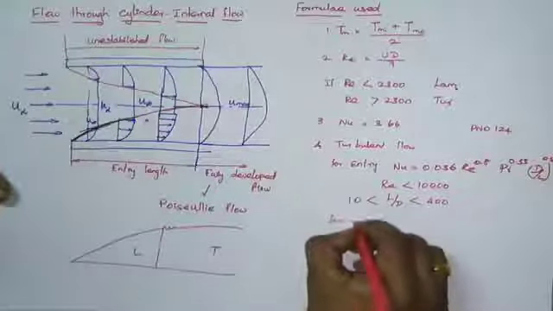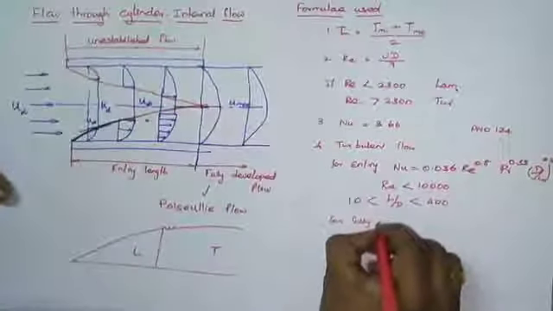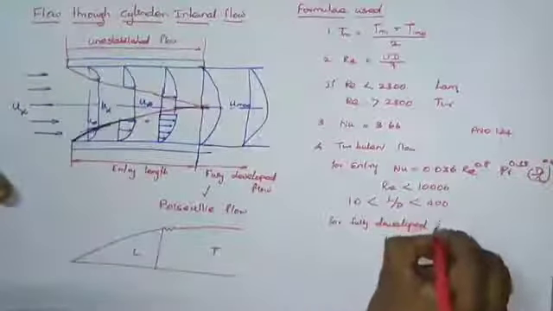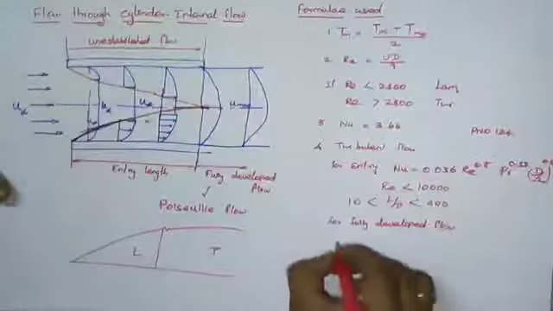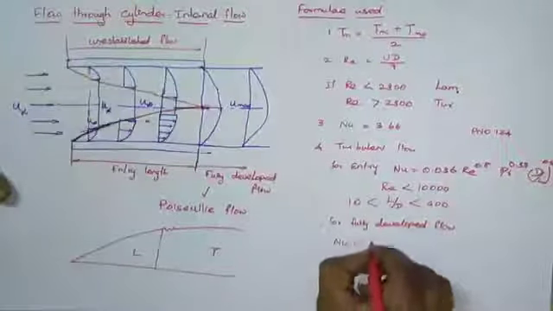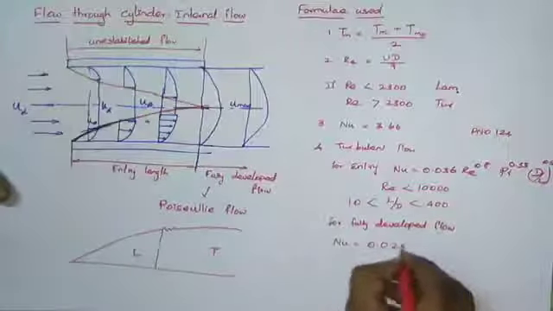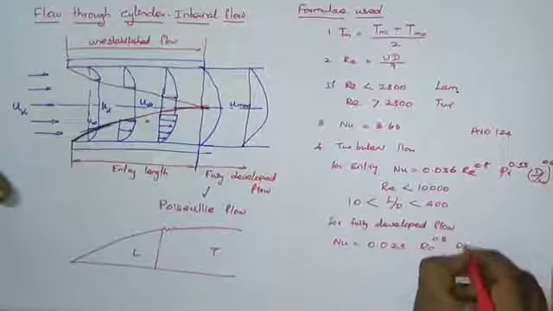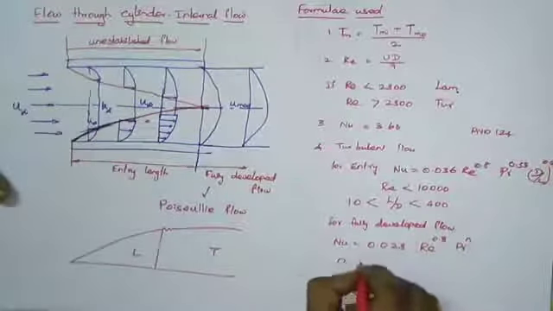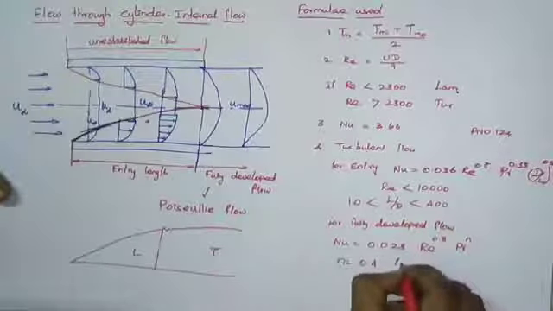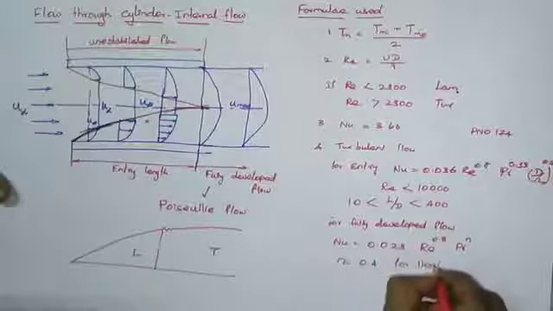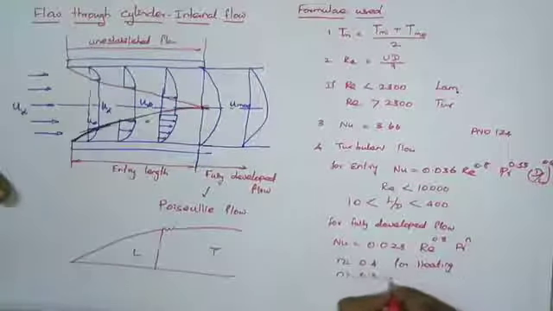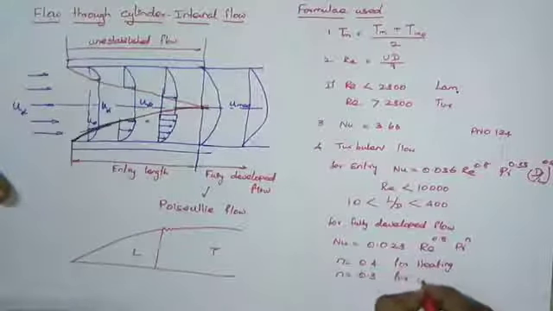Then for fully developed flow, Nusselt number is equal to 0.023 Re power 0.8 Pr power n. n equal to 0.4 for heating. n equal to 0.3 for cooling.